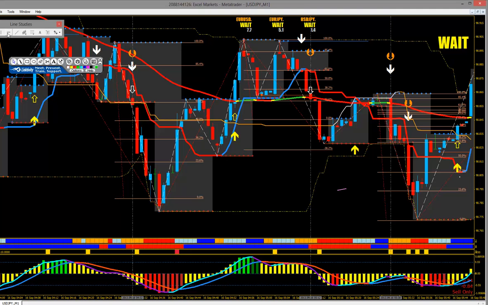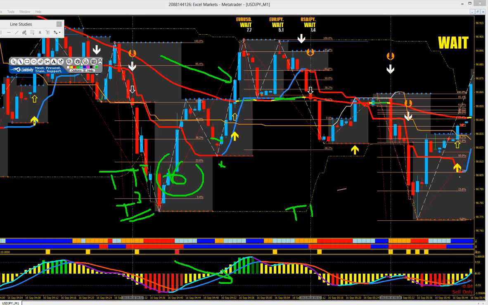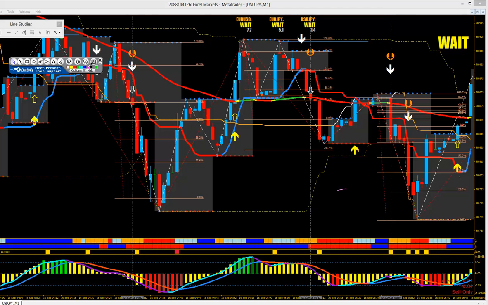Next signal is here at 5:12. Now, a couple of things to look at. You should have already noticed that we have a flattening out of the trend. At this stage, it can go this way or this way.